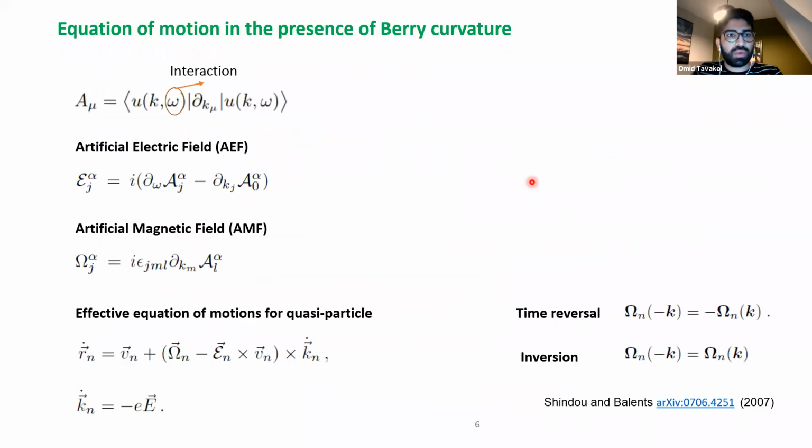If you don't consider interaction in your system, you still have some off-diagonal term in your effective Lagrangian and Hamiltonian, right? Because you have non-zero Berry curvature, because you break the inversion symmetry, for example. But when you introduce interaction, you are able to define this artificial electric field. That's the role of interaction.